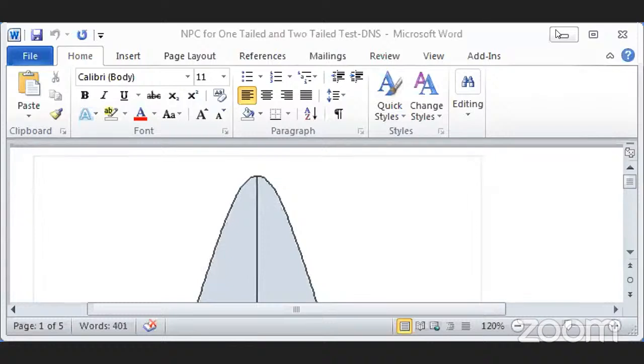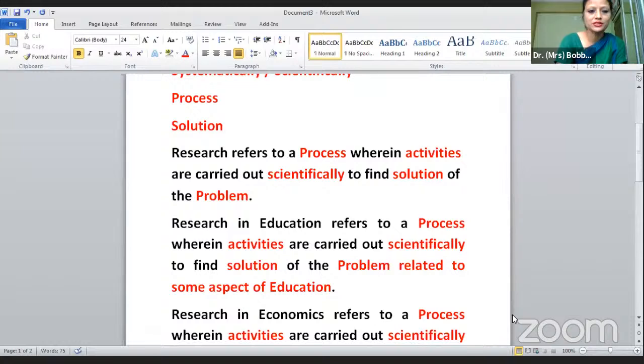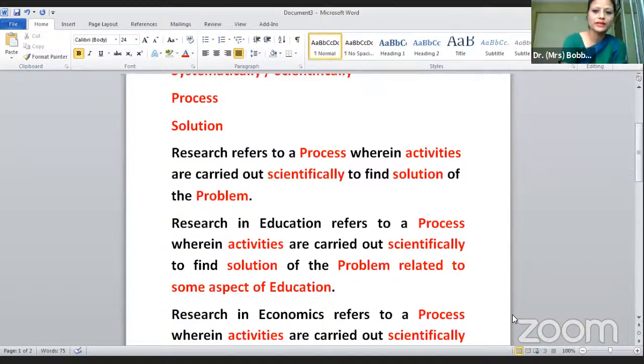Once again, I am again sharing. Is it all right now? Now it is okay, sir. I am only using the word file. I am not using PPT. No, no, absolutely, sir. Word file only.